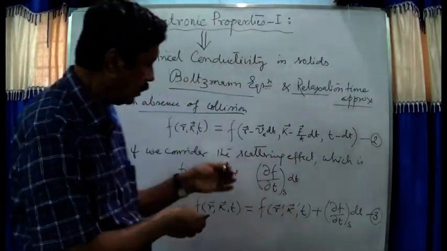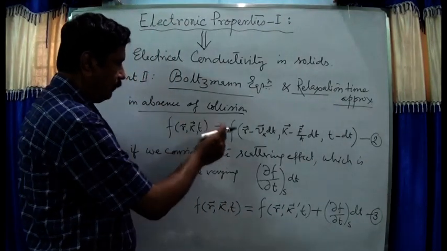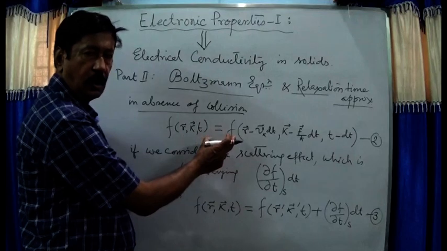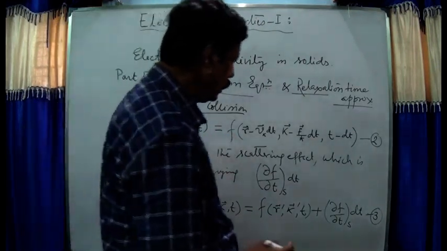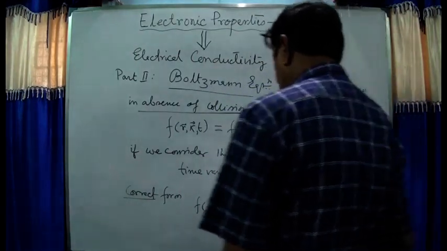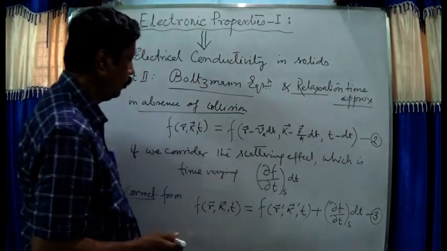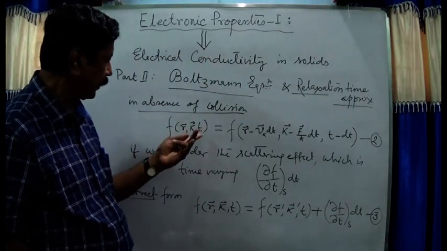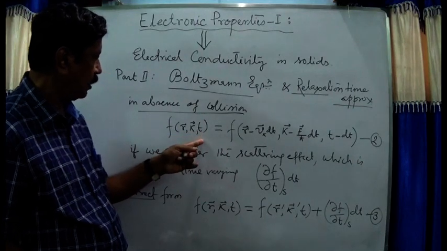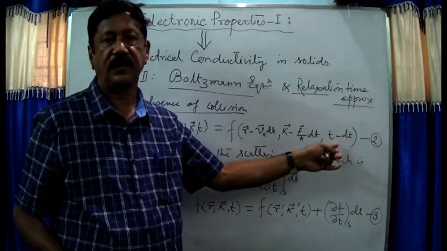Now let us have a physical meaning of these two expressions, mainly the equation 2. Now we find that in equation 2, f at a time instant t is equal to that at an earlier time instant t minus dt.